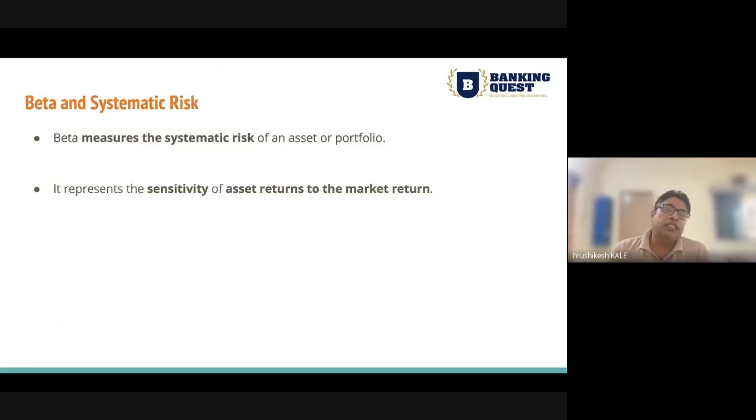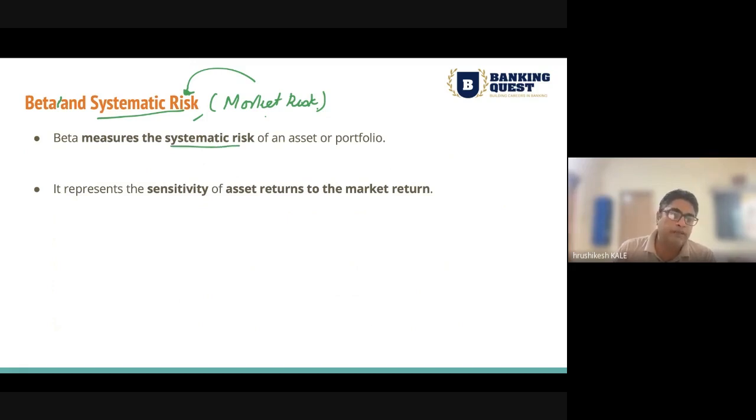We have already seen beta and systematic risk. Okay. So systematic risk is nothing but market risk. The risk which belongs to the complete market is also called systematic risk. Unsystematic risk is company-specific risk. Now, beta measures market risk or systematic risk.